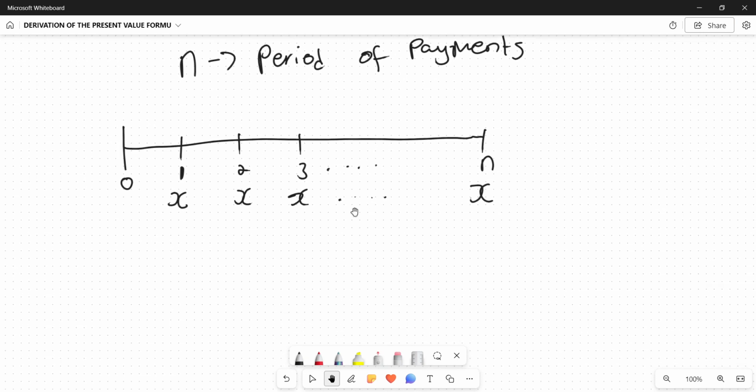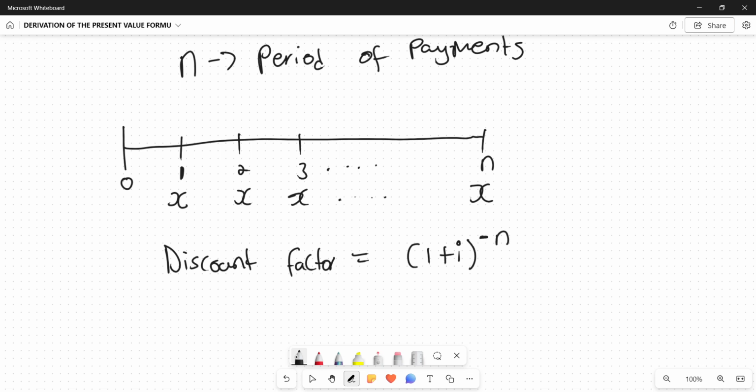This series of x payments, we will discount using a discounting factor, which is equal to (1 plus i) to the power of negative n, the discount factor for a single payment made at the end of n periods.